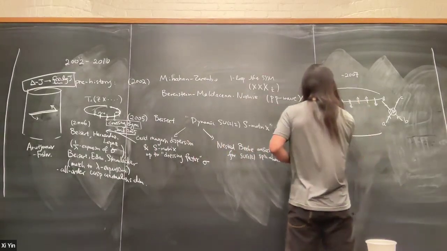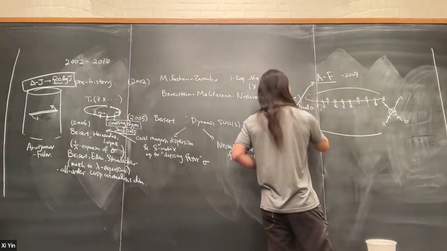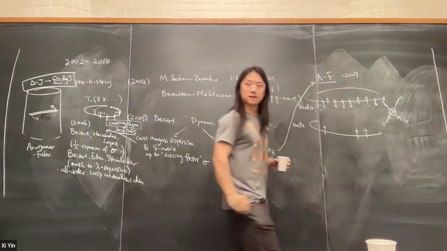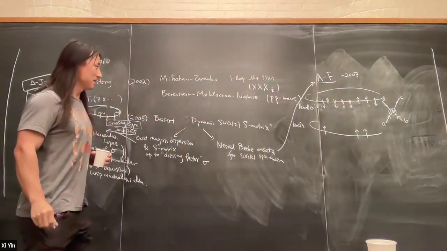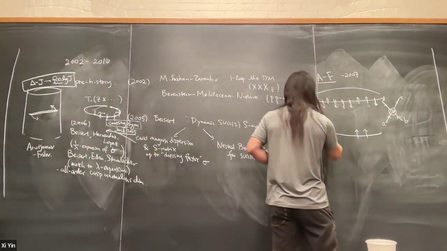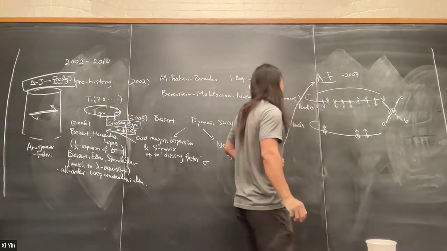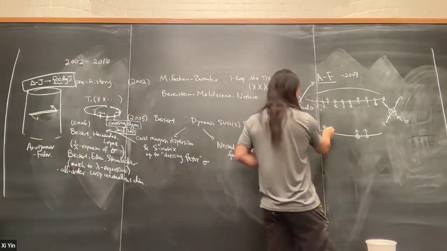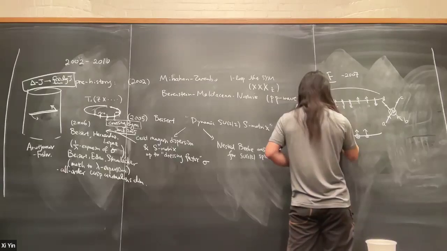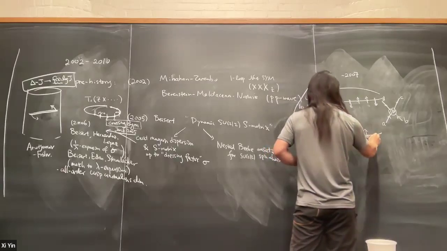In the level 1 description, you only keep track of the magnons. All right, so not a big deal. That's what we'll be doing. So let me say that these are particles. But now there are magnons of different types. One of them can change into a magnon of another type.